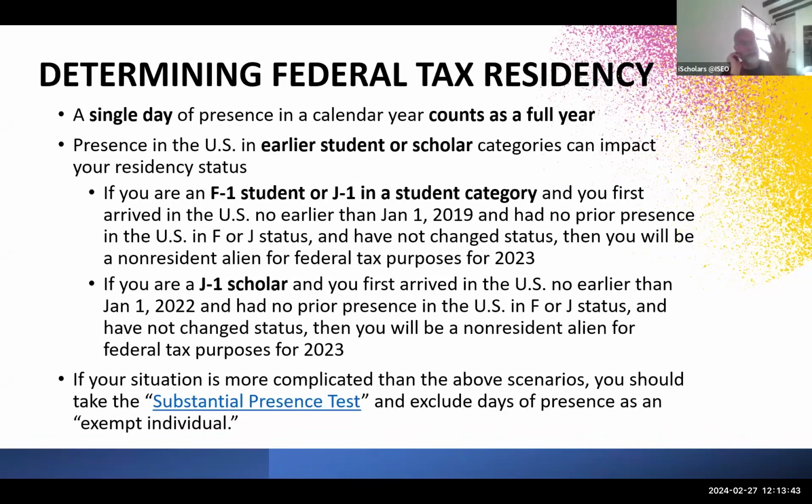So basically, I hold up my hand and I count the years: 2019, 2020, 2021, 2022, and 2023. I'm still a non-resident alien as a student because I'm still able to exclude days of presence because I'm an exempt individual.